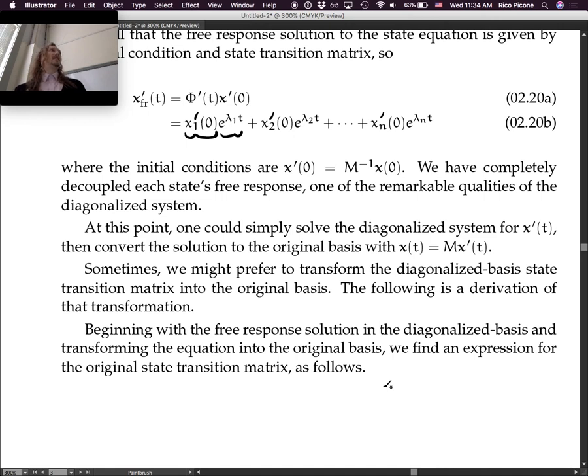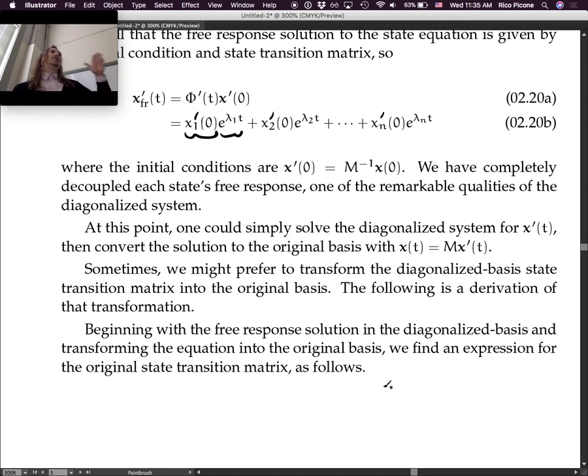Which allows us to work not in the primed basis at all, really, except for just finding the primed state transition matrix and then converting it to our regular one. The real value that we're getting by going to one of the main aspects of the primed diagonal system is that we get this state transition matrix.